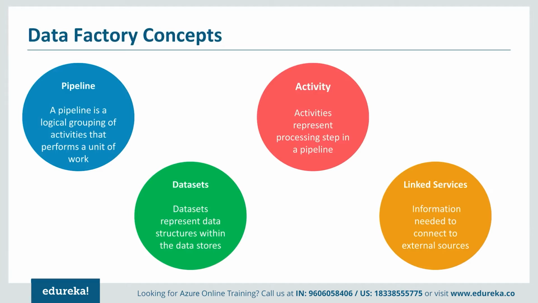There needs to be something that connects these two things. That is some information that lets a database understand that it has to move the data to a particular data source. That is what a linked service is. It is information that tells your data factory that you need to connect to these particular sources. So these are some of the concepts that form a central part when you talk about a data factory.